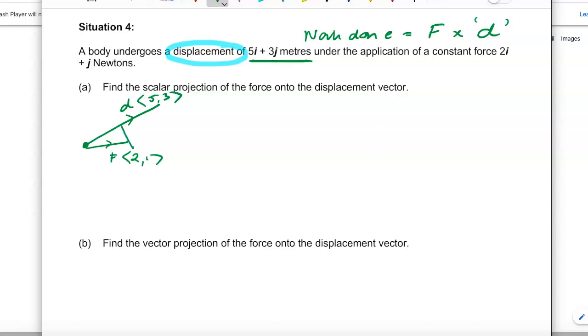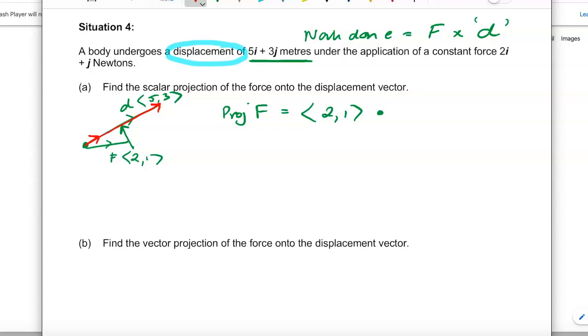We want to know the projection of that force, which is going to be equal to the scalar product of the force with the unit vector of the displacement, because that's the whole displacement including how far it has moved.